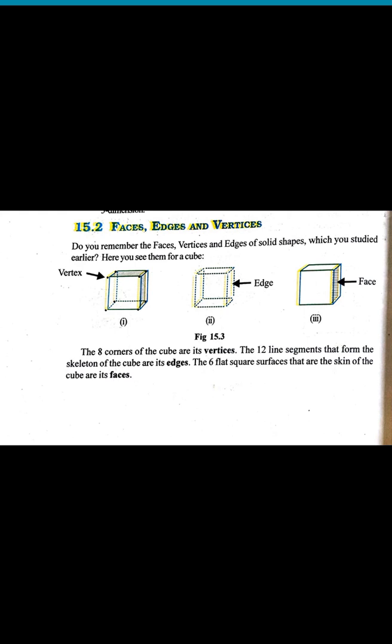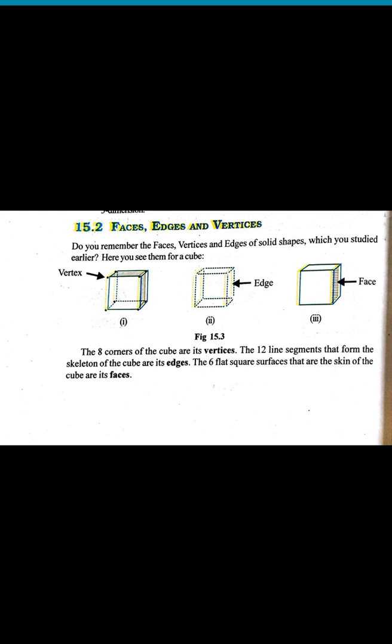See here the figure 15.3 which is shown there. It's that of a cube. So the vertices I told you, they are the corners. So here when you count, there are 8 corners in this cube. So a cube has 8 vertices. And what about the edges?